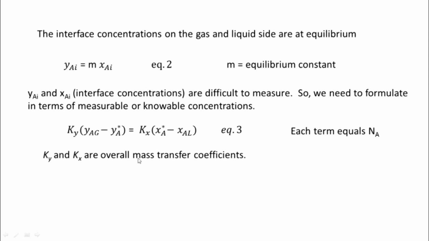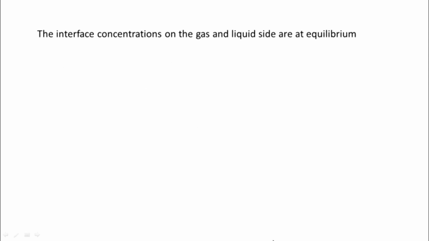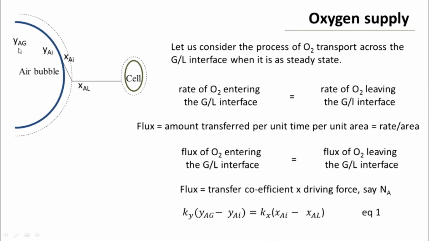Ky and Kx are the overall mass transfer coefficients. What overall means is something like this. This is the individual side mass transfer coefficient, this small lowercase ky and lowercase kx. They are for the gas side alone or the liquid side alone.